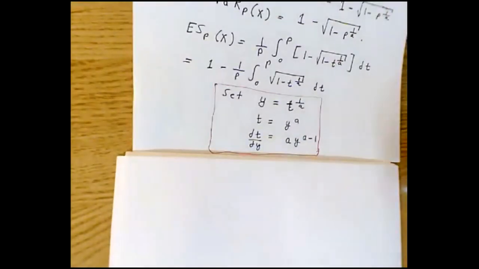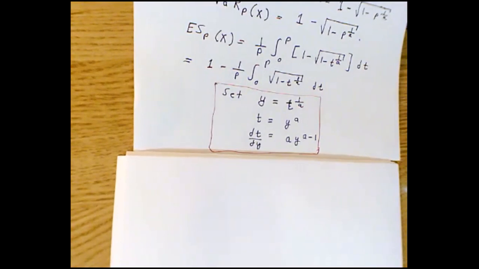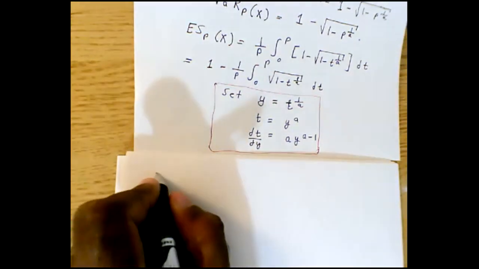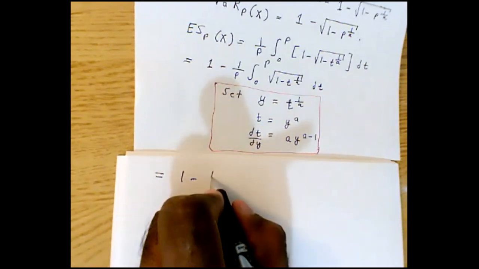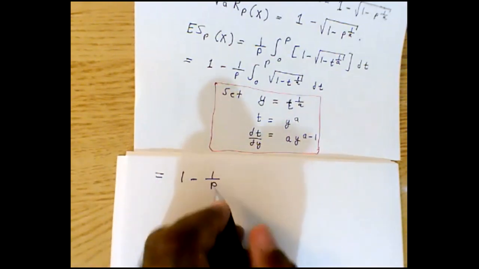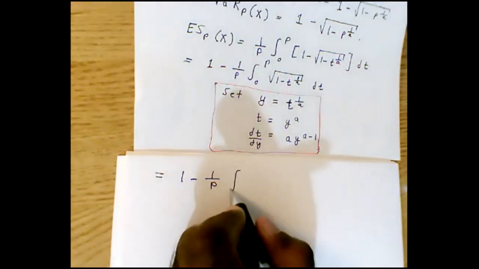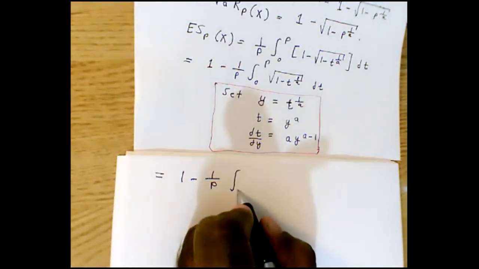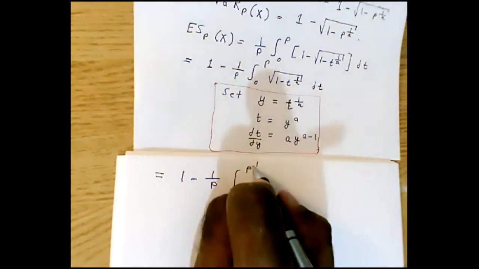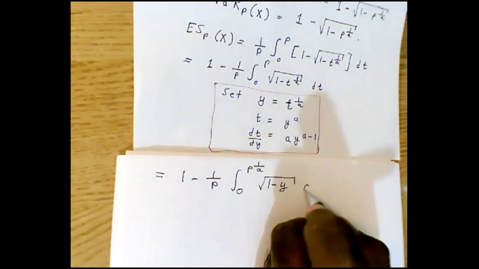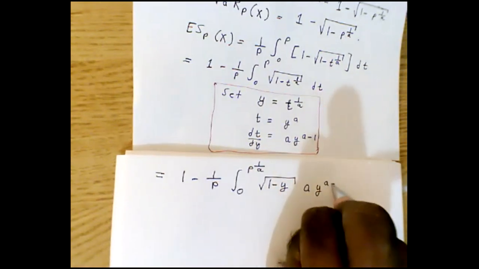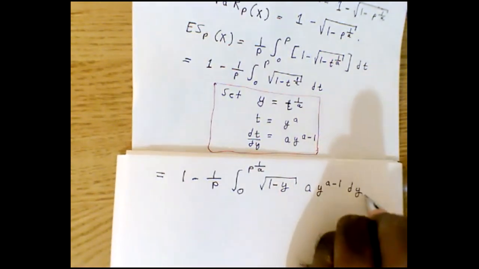Then let's see how we can do the integration. If you do the substitution, the integration will go from 0 to p to the power 1 over a of 1 minus y, times a y to the power a minus 1 dy.